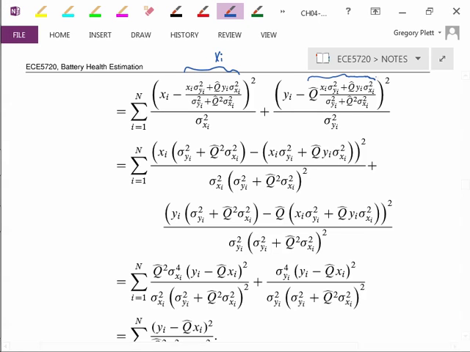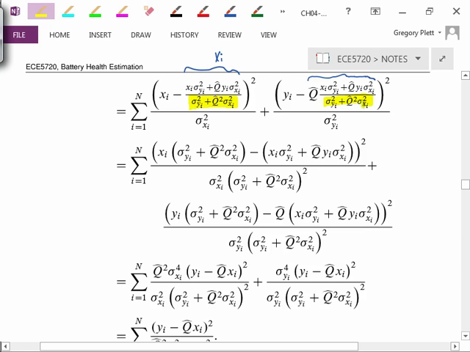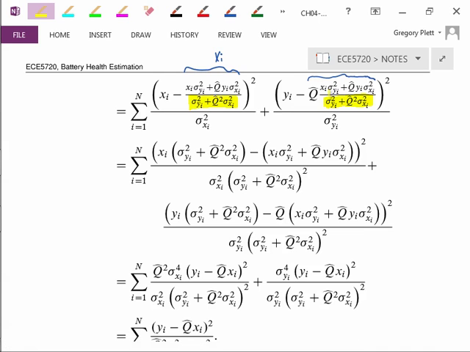To go to the next line, I notice that this term, sigma y squared plus q squared sigma x squared, is the same there. So I'm going to multiply the numerator and denominator of both fractions by that thing squared in order to clear it from the numerator of each one of those fractions.